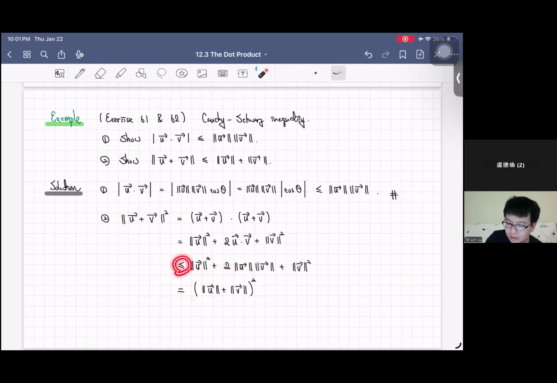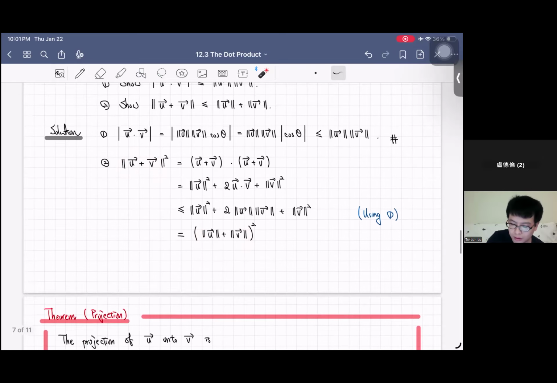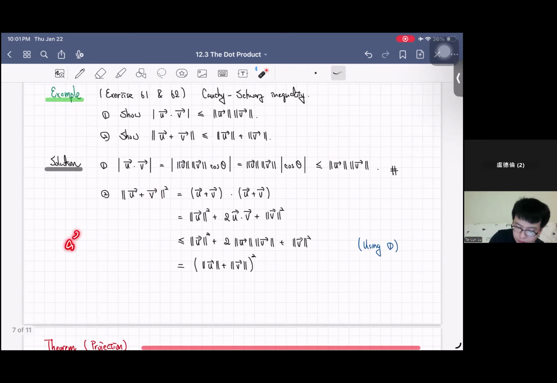And this guy, we use the Cauchy-Schwarz inequality. So let me mention here, using what? Okay. And now since both of these are positive numbers, right? You can just take the square root. It is possible for a squared to be less than or equal to b squared and give you a larger than b.